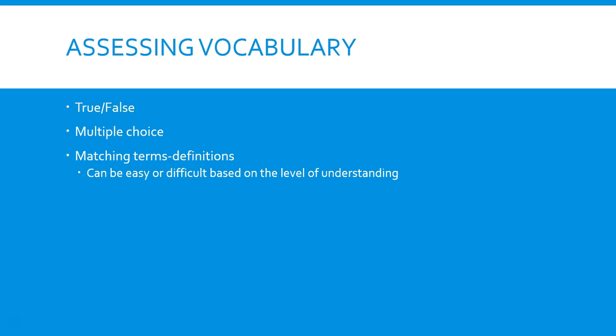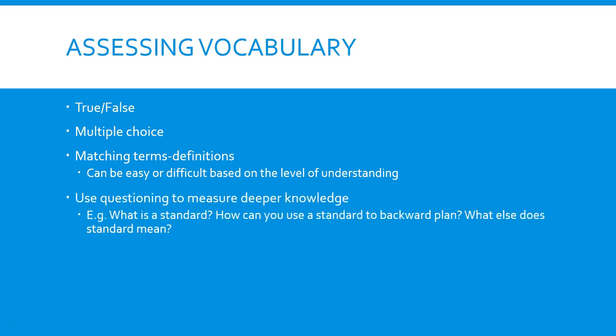Matching terms with definitions, so just having a list of words maybe on the left-hand side of a page with definitions on the right-hand side and asking students to match the correct definition. This can be a baseline assessment. It can be something you use for progress monitoring. And we can make these as easy or difficult based on students' level of understanding.